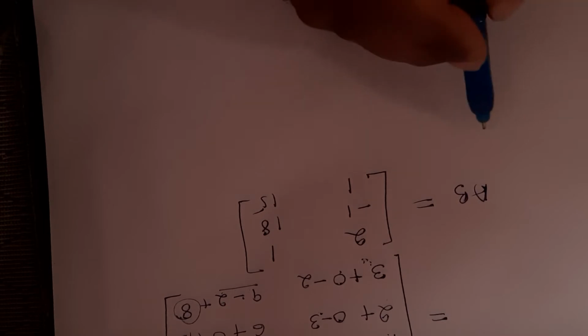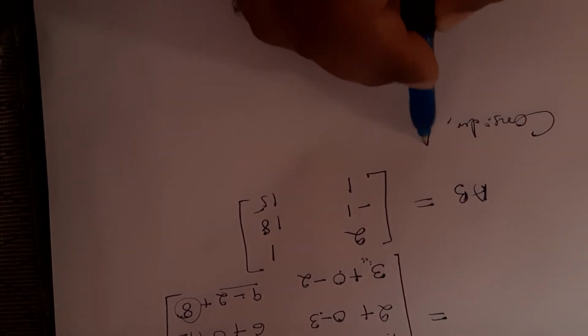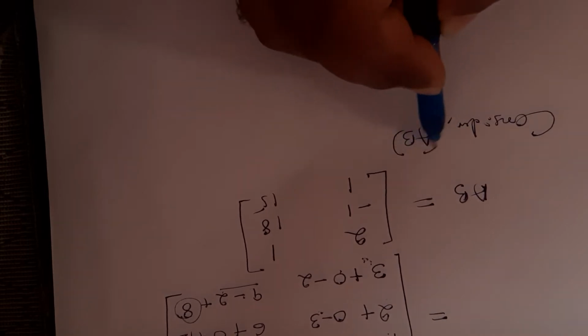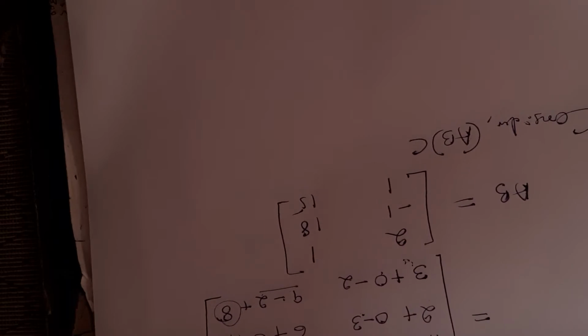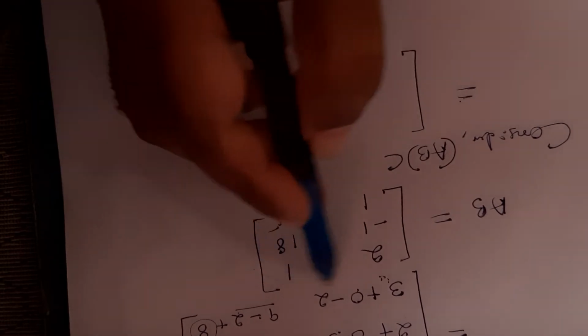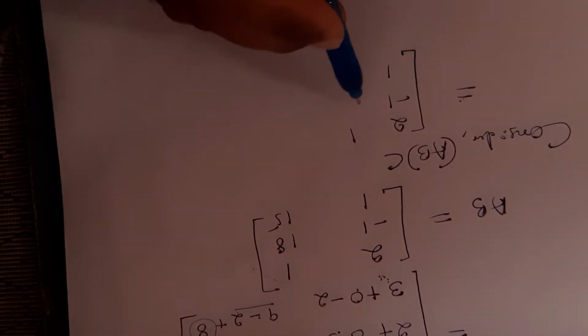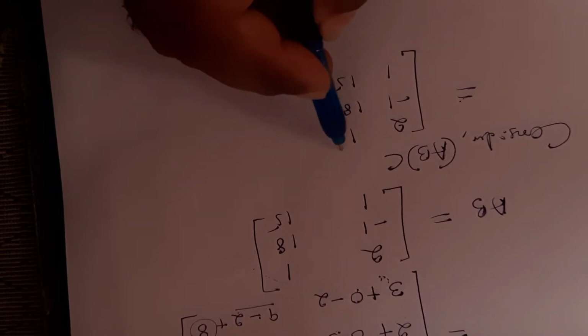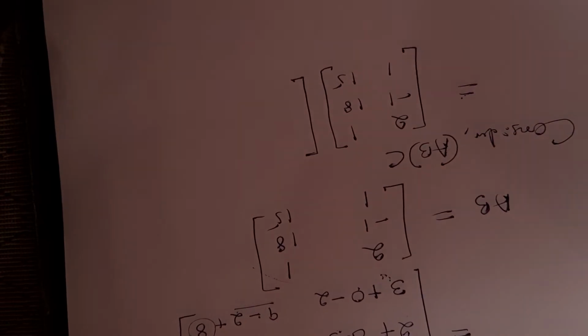We have found out the product of A and B, and this whole thing is the product AB, into C. What is our matrix C given in the problem?